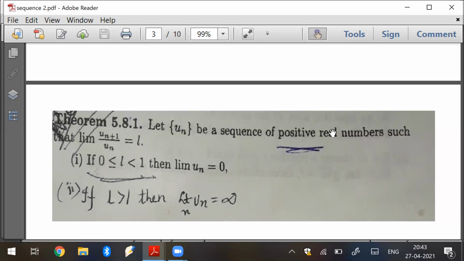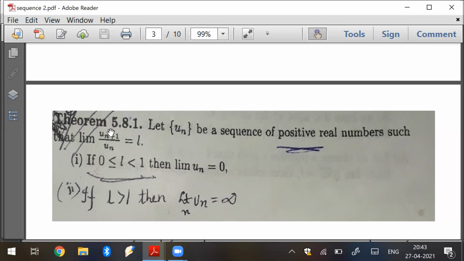Okay. So let un be a sequence of positive numbers such that, this is important, the ratio of two consecutive terms in the sequence you are taking, un plus 1 by un. That means suppose you take n equal to 1, that means u2 by u1, then u3 by u2, then u4 by u3. So consecutive terms, that means one term after another you are taking. Okay.